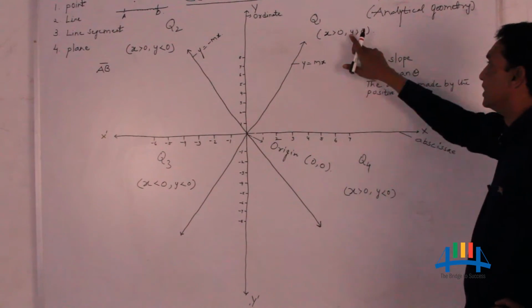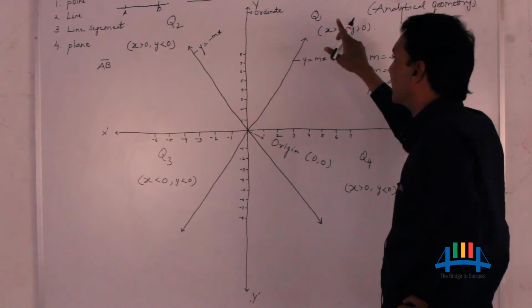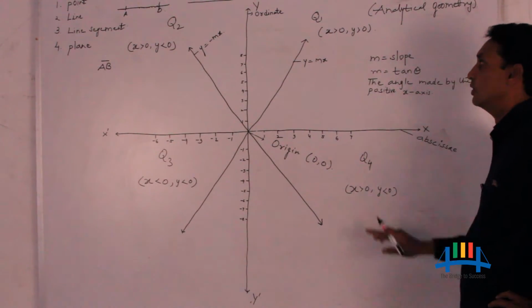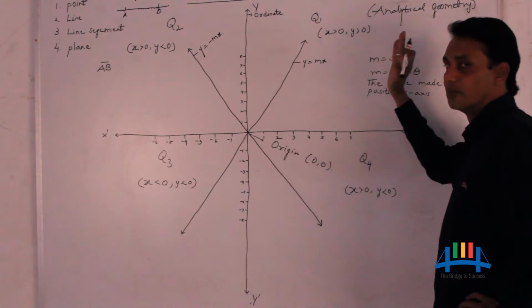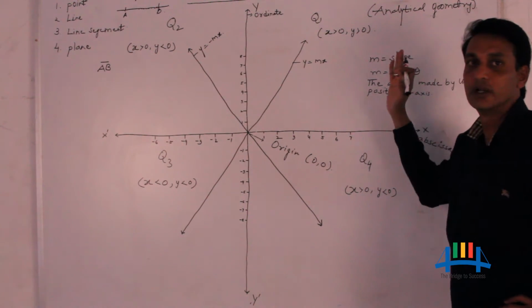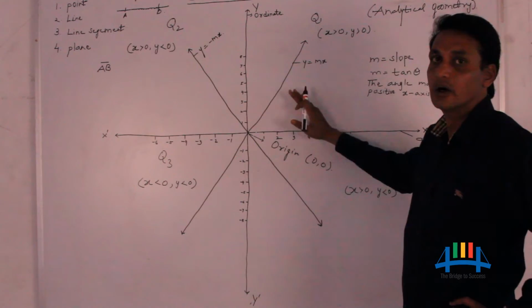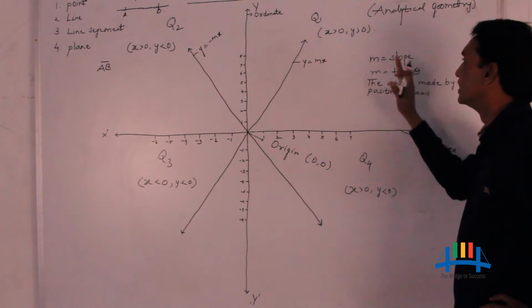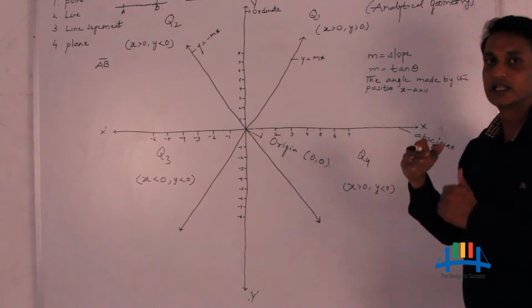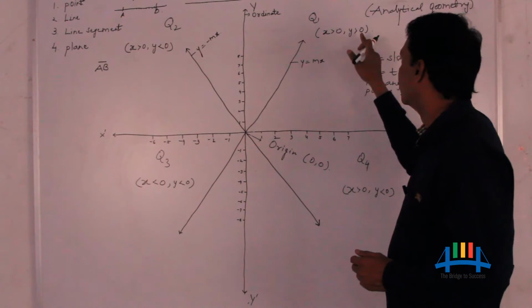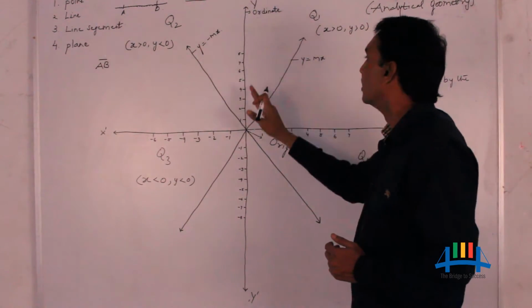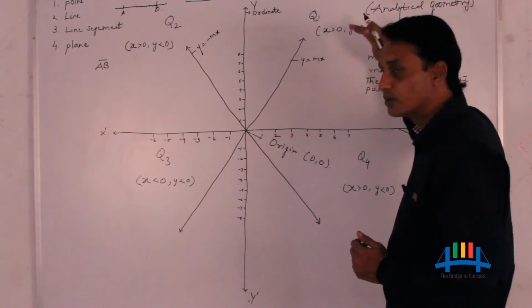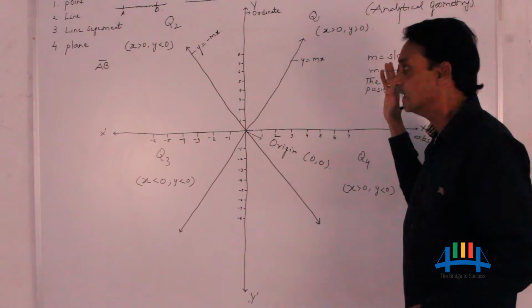Now come to the first quadrant. In the first quadrant, we can observe that x is taking all positive values, that means x is greater than 0. Y is also taking all positive values, that means y is greater than 0.